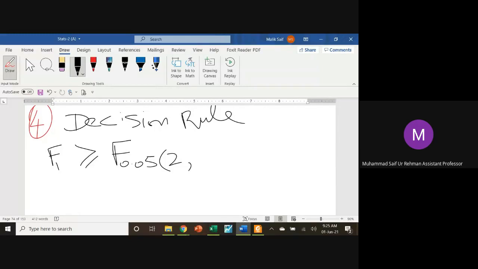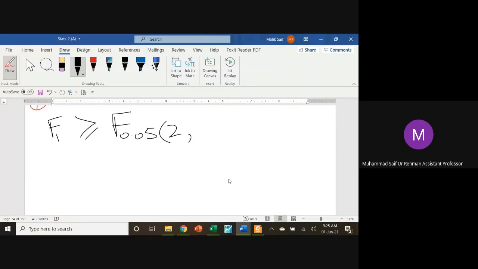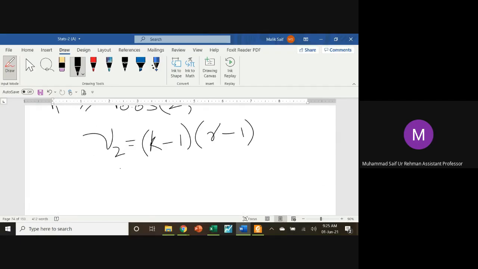And the other one is nu 2. What is nu 2? How will you find out nu 2? It is K minus 1 multiplied by R minus 1. So let us see how many treatments are there.